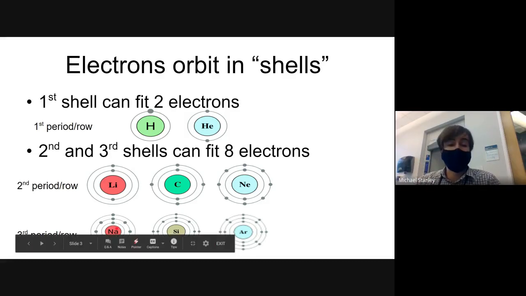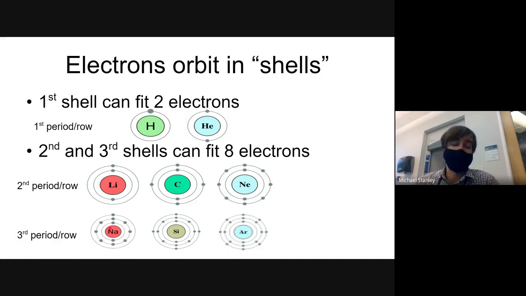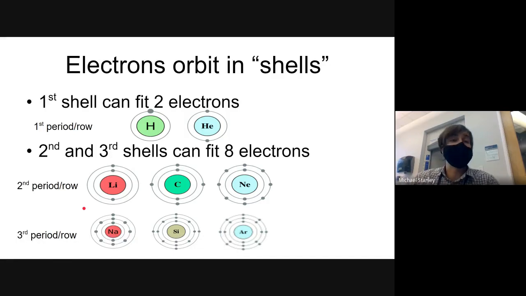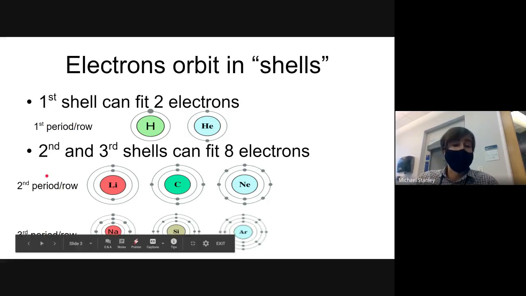Just like we filled them in for neon, we put the first 2 on the first shell, because that's how many it can fit. 2 down. We can then fit 8 on the second shell right here, 10 down, but we still have 1 more electron to go. That final electron will go on the third electron shell.